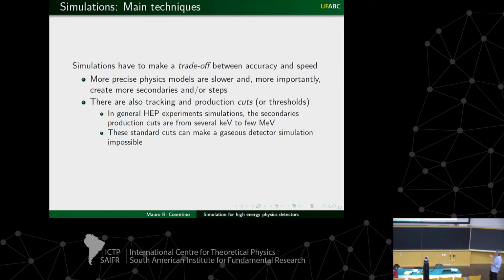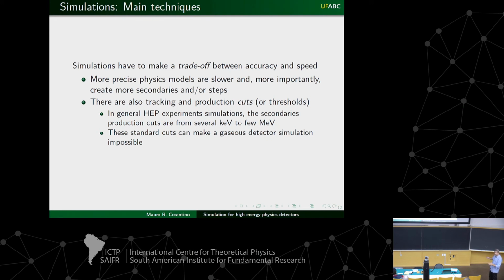And then, again, there's a trade-off between accuracy and speed. The more accurate you want, the slower it will be, and the faster you want, the less accurate it will be. More precise physical models are slower and, more importantly, create more secondaries and more steps. Also, you can choose the tracking and production cuts.